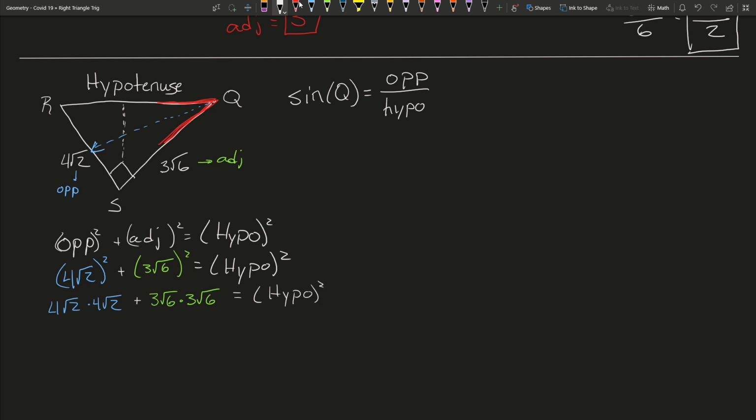Okay, now we have to simplify the left-hand side. So in blue, 4 rad 2 times 4 rad 2, we can do 4 times 4 first. That's 16. And then rad 2 times rad 2, that's just 2. Three rad 6 times 3 rad 6, we multiply the 3's first. That's 9. And then rad 6 times rad 6, that's just 6.